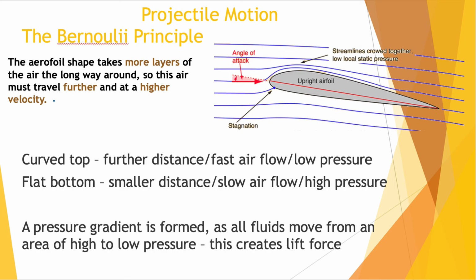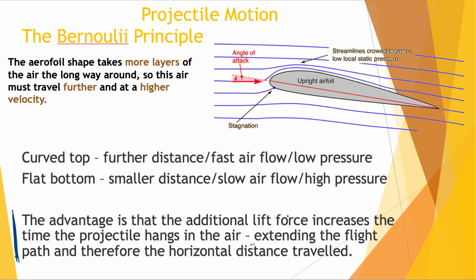That creates a pressure gradient: further distance, fast air, low pressure; shorter distance, slow air, high pressure. Pressure gradient formed. All fluids move from an area of high to low pressure. It creates the lift force.